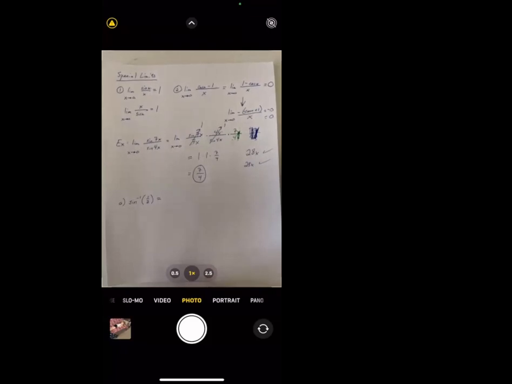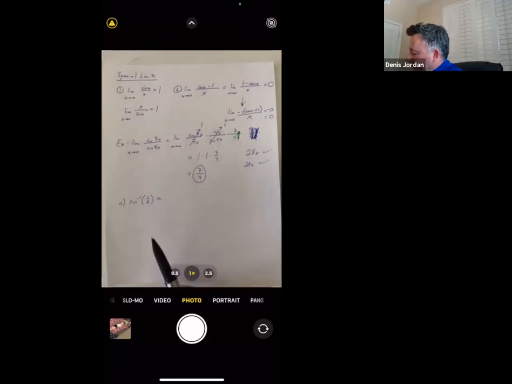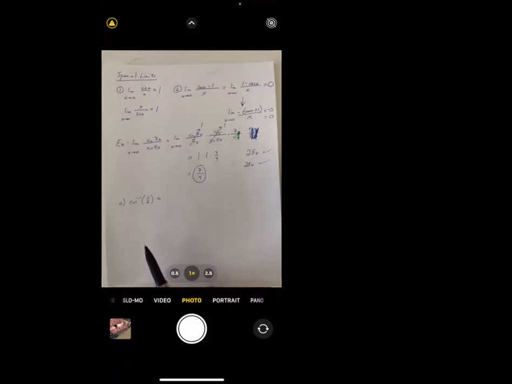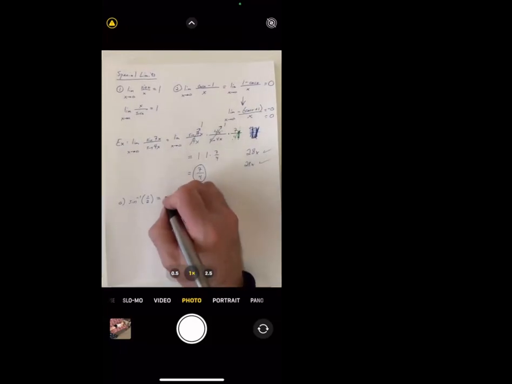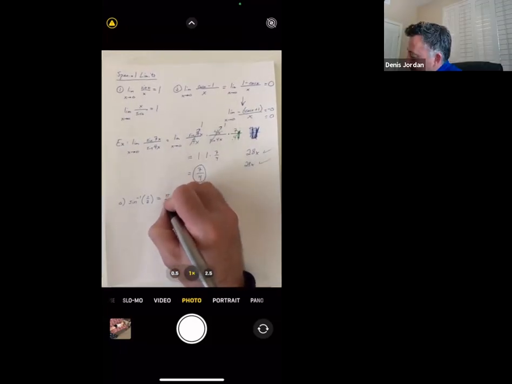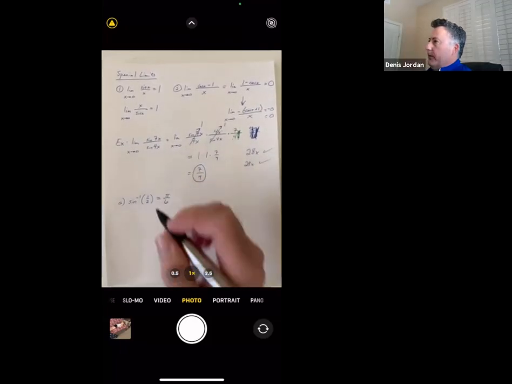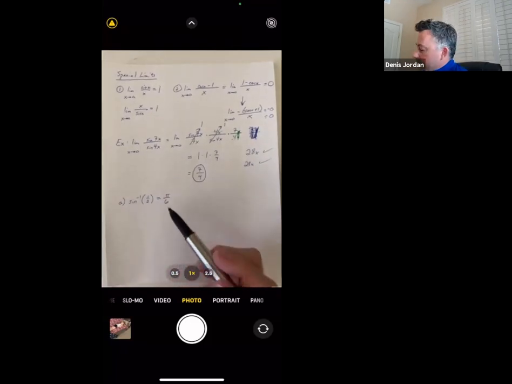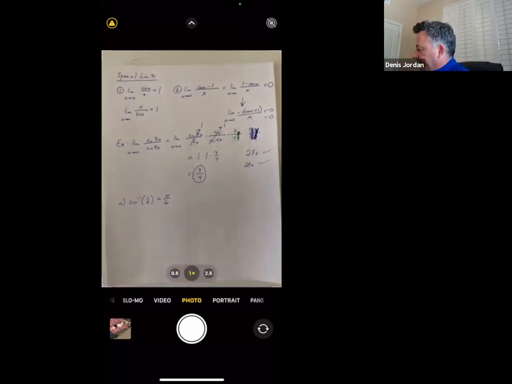Is that 30 degrees or pi over 6? Pi over 6. Yeah, in calculus, your default mode should be radians, unless otherwise stated.